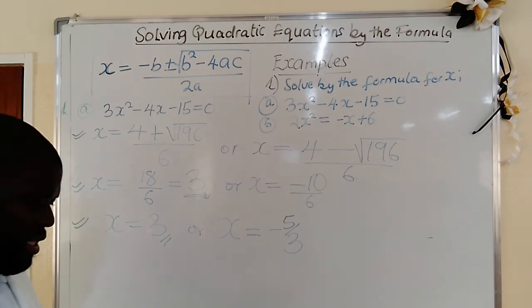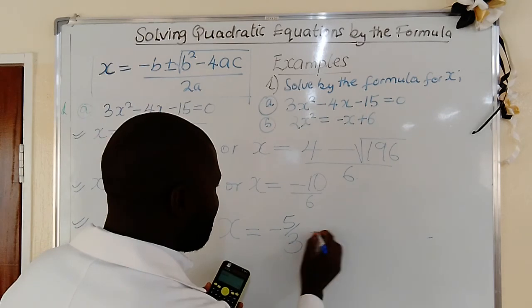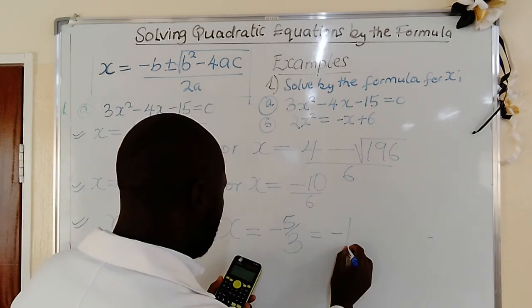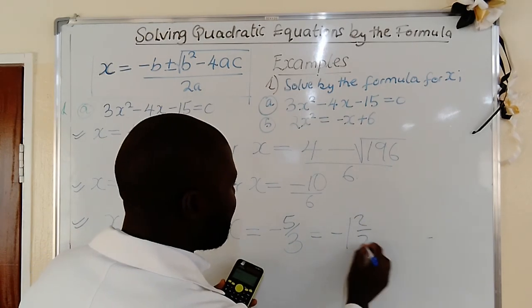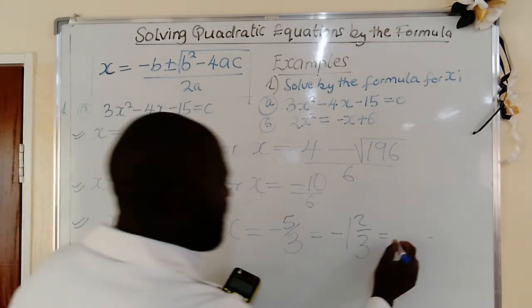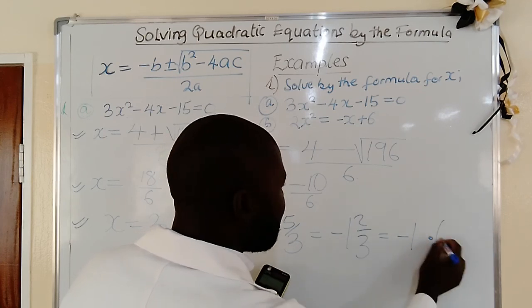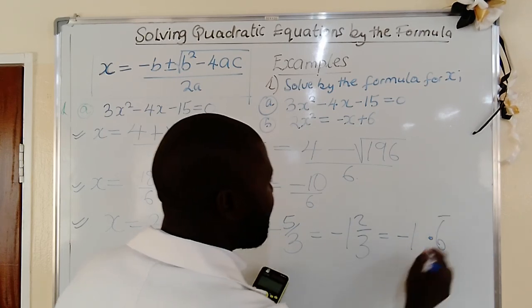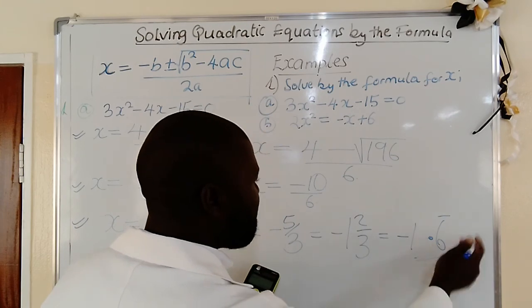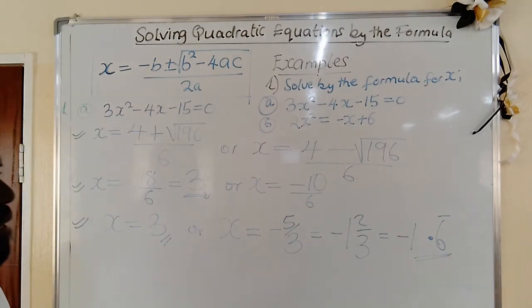Negative 5 over 3 is the same as negative 1 and 2 over 3, which is the same as negative 1.6. The 6 keeps on recurring, so we just say negative 1.6 bar.